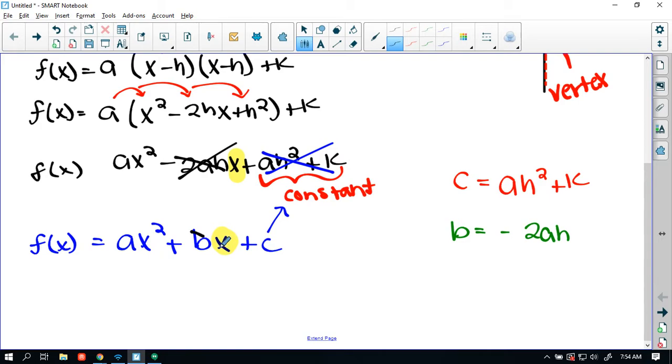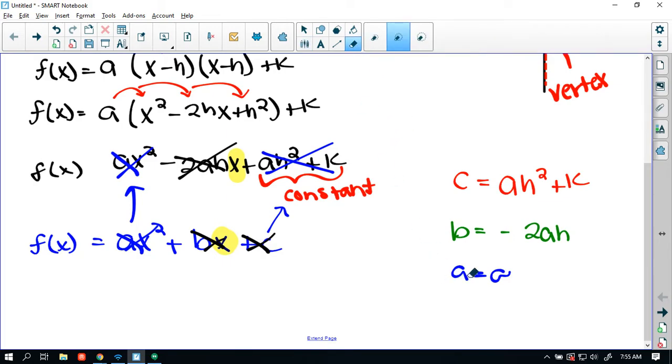Again, we're just seeing which terms relate in both equations. The last one is ax squared equals ax squared, so a is equal to a. There's nothing spectacular about that. There are no h and k in this last one, so I'm just going to erase it.